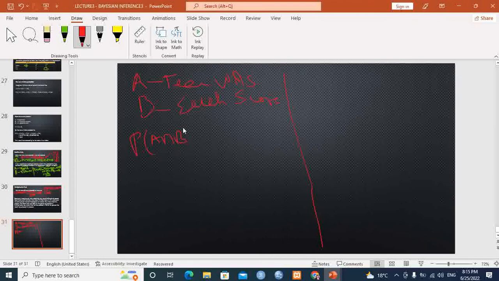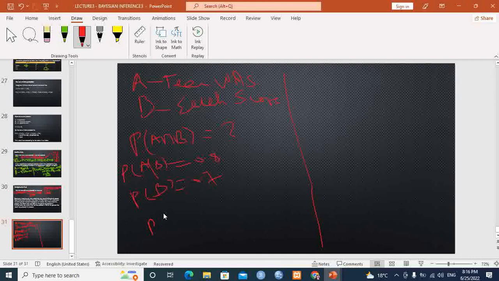The joint probability of the team winning and Salah scoring is what we were asked. And we know that the probability of the team winning given Salah scores is 80%, so it is 0.8. And the probability of Salah scoring, he scored in 70% of the games he played this season, is equal to 0.7.